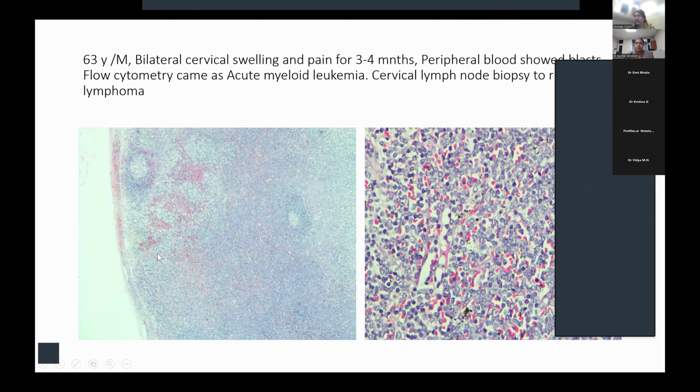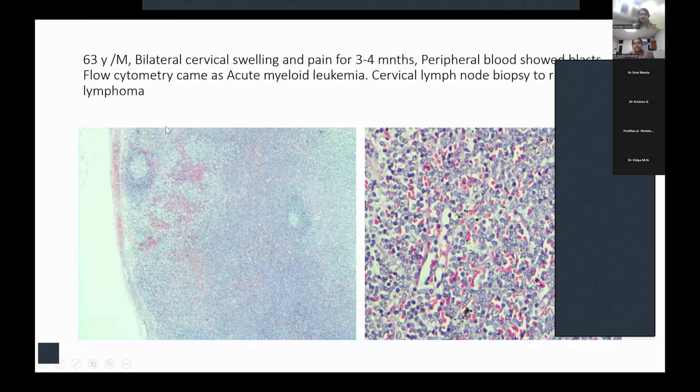On microscopy, you can see that there are residual follicles here, and the atypical infiltrate has effaced the architecture of the node, mostly in the interfollicular and the paracortical areas. On higher power, they look very blast-like with plenty of mitosis and open chromatin.